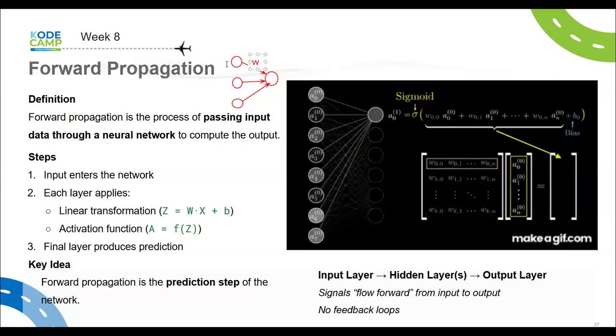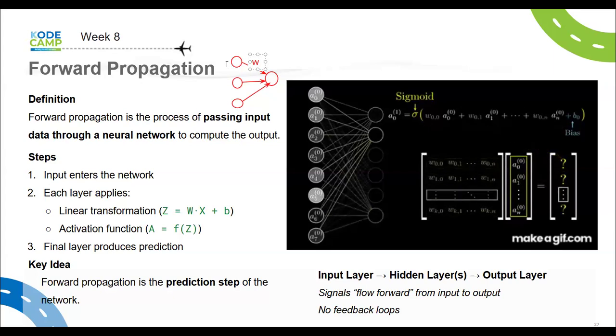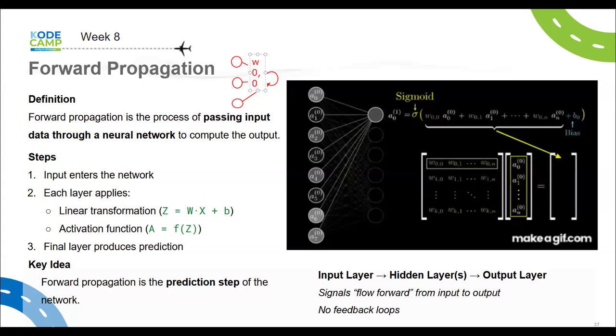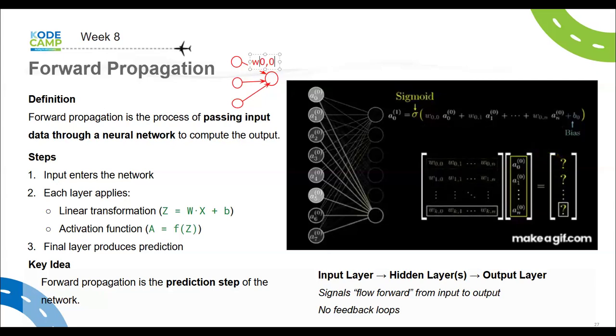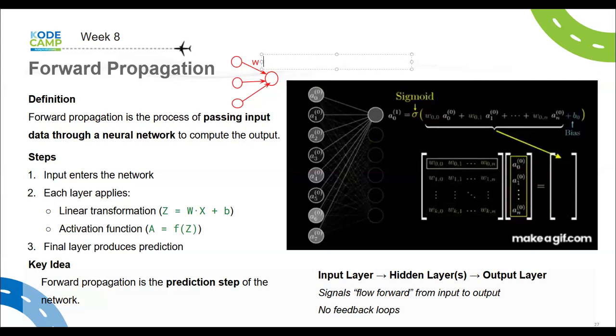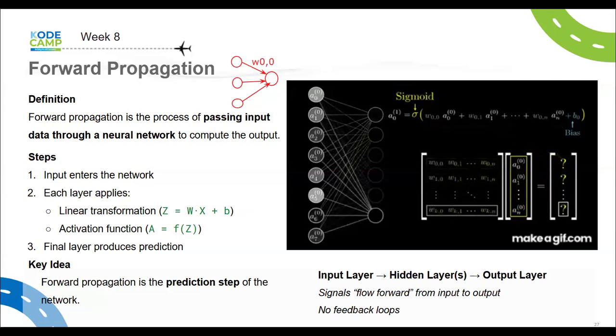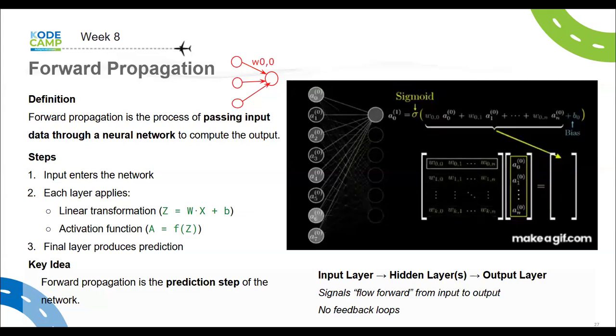Let me use the right notation to make it easy to follow. So you could call it W00. What this means is that this weight is connecting the zeroth input with the zeroth output.